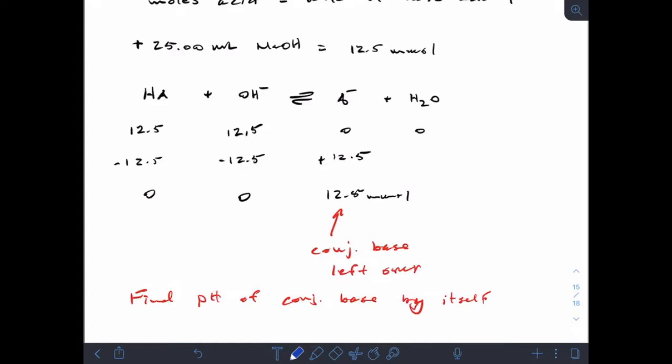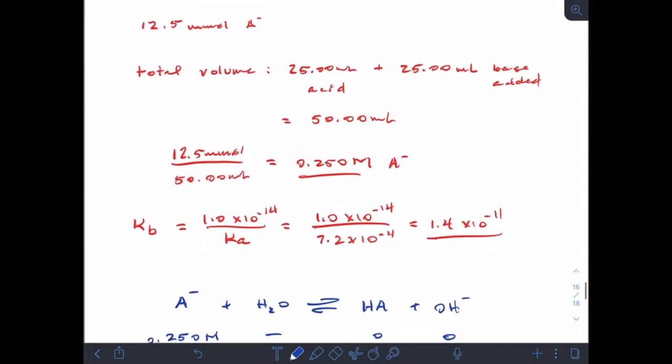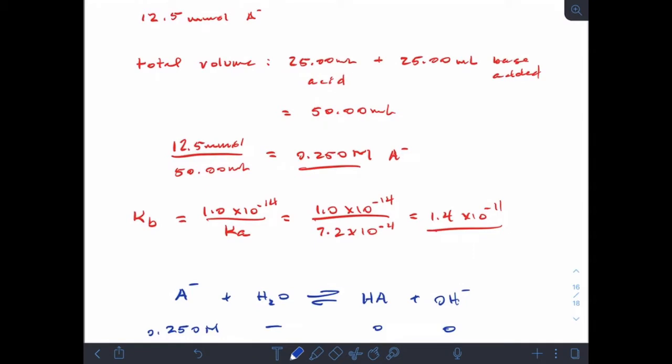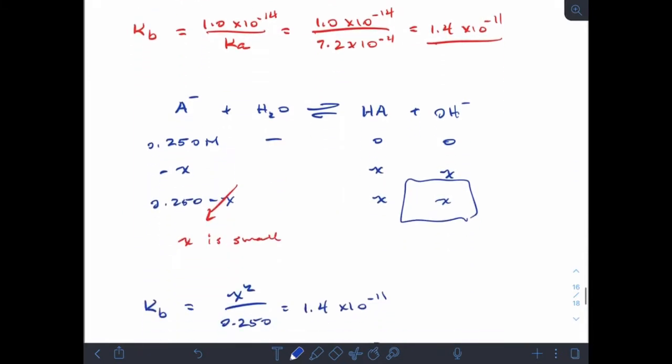Right? If we were to titrate a weak base with a strong acid to the same point, we would be left with some conjugate acid left over. Right? And when there's no acid left and we're left with some conjugate base, then we have to react it with water, one more step, do one more ICE table in order to figure out what the final pH will be.